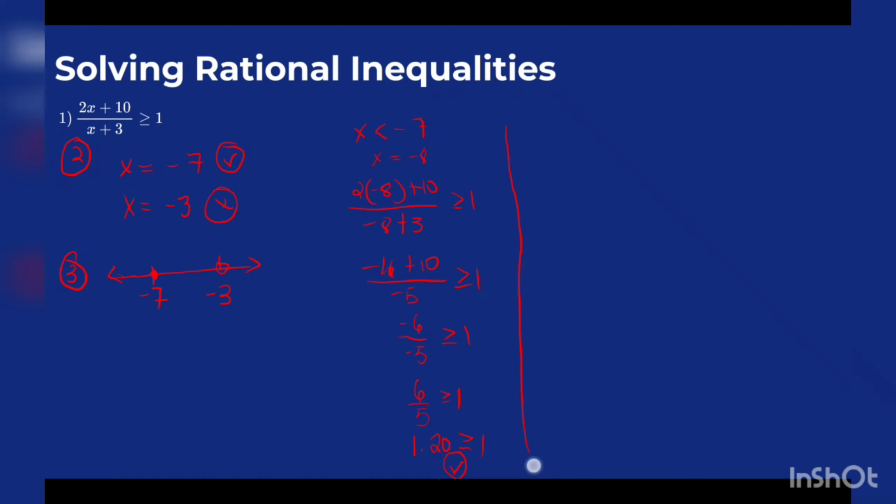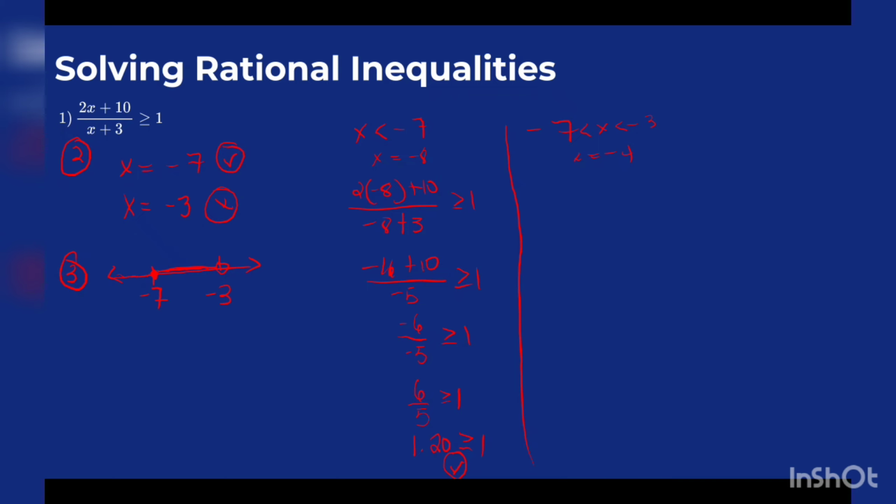Next interval is the numbers between -7 and -3. So that is -7 is less than x, but x is less than -3. So we can choose x is equal to -4.